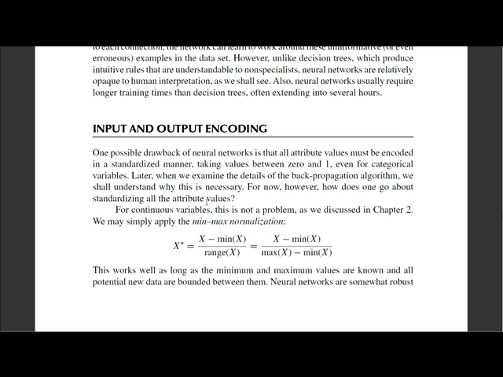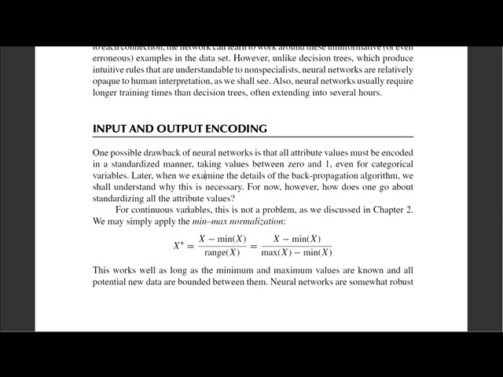But since Weka handles that as a separate step for you, you don't even need to do it. But anyway, even for categorical variables, they have to be between 0 and 1. Later, when we examine the details of the backpropagation algorithm, we shall understand why this is necessary. For now, however, how does one go about standardizing all the attribute values, so all the input variables?